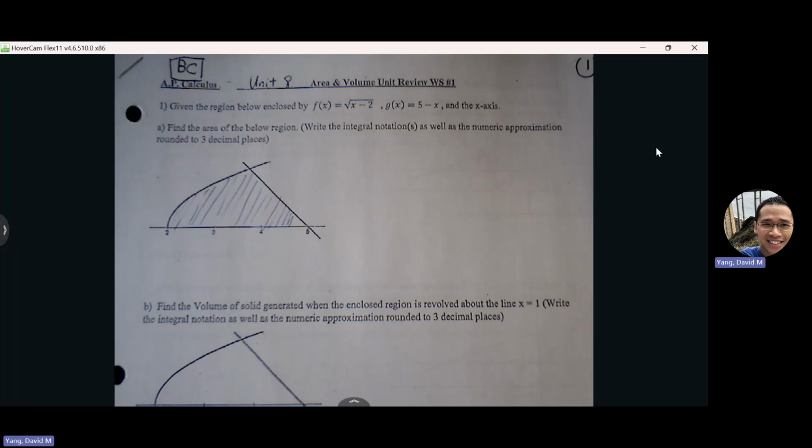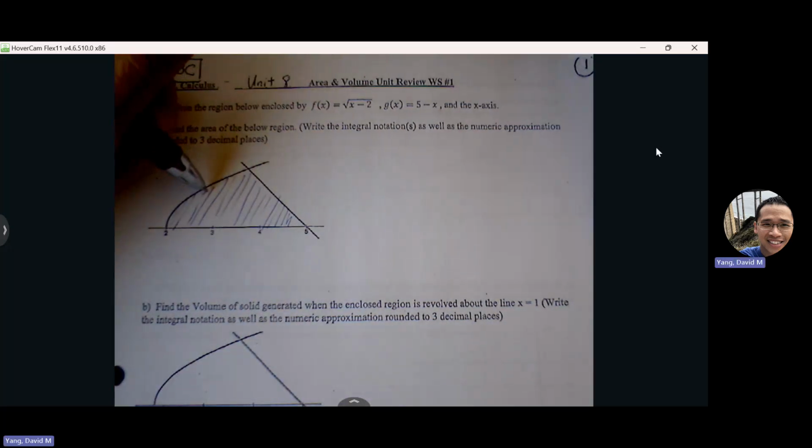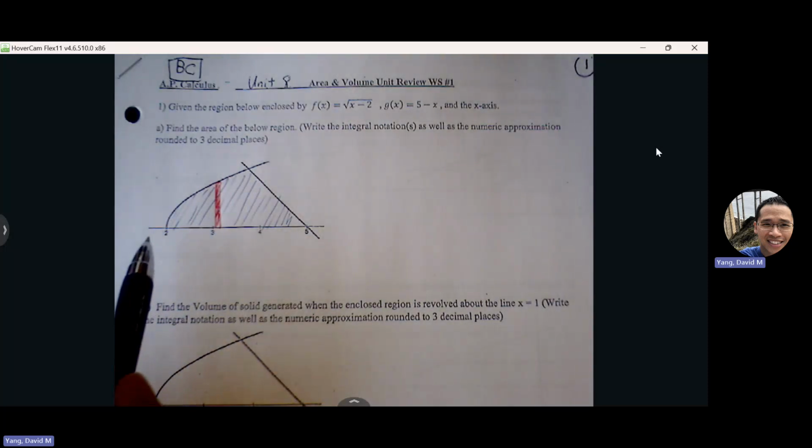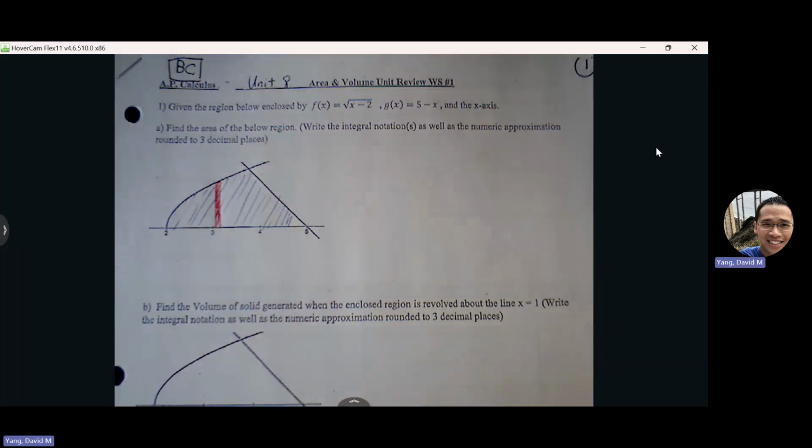But if we do top minus bottom and we want to find the area of this region, let me draw one representative rectangle. So imagine you're stacking these vertical rectangles from one end to the other. Am I going to get a consistent graph regardless of where this rectangle is? No, right? So there's going to be a change.